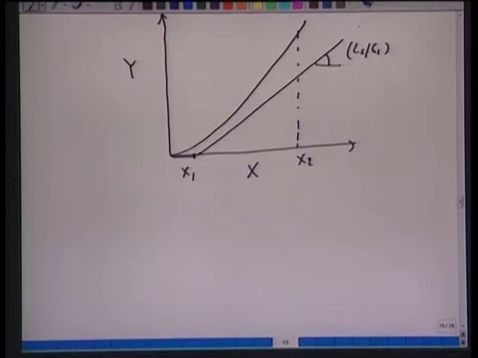Now in this case, try to recognize that LS is fixed and GS is allowed to vary, right? So if we increase GS, then the slope LS by GS will decrease and the line will move in this direction. This is our operating line, it's going to move in this direction.